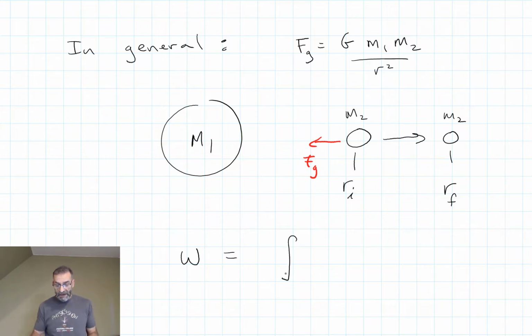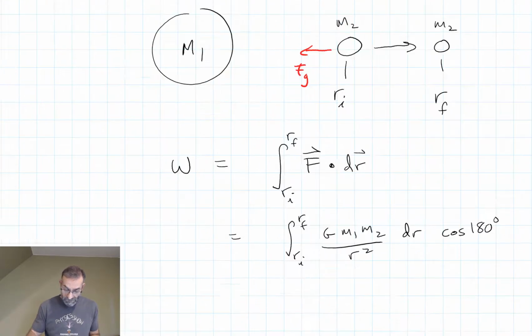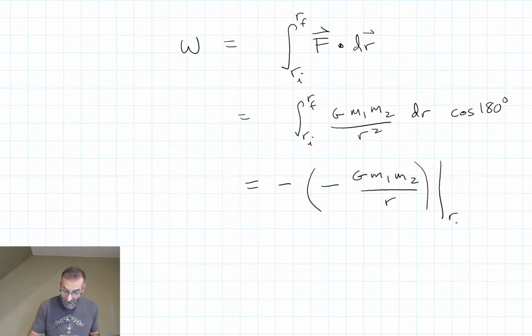The only difference now is that our force is not constant. The cosine 180 gives us a negative 1. The integral of 1 over r squared is negative 1 over r. And we're evaluating this from r initial to r final.